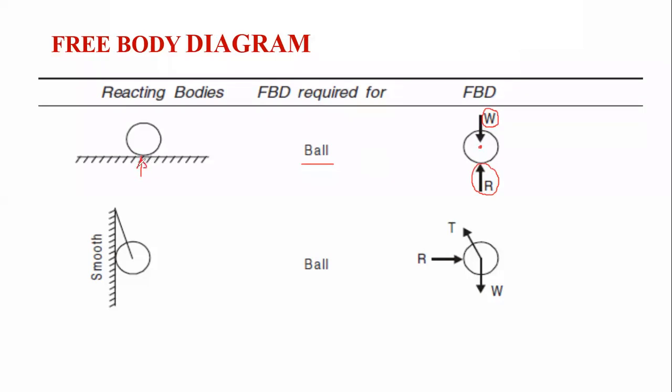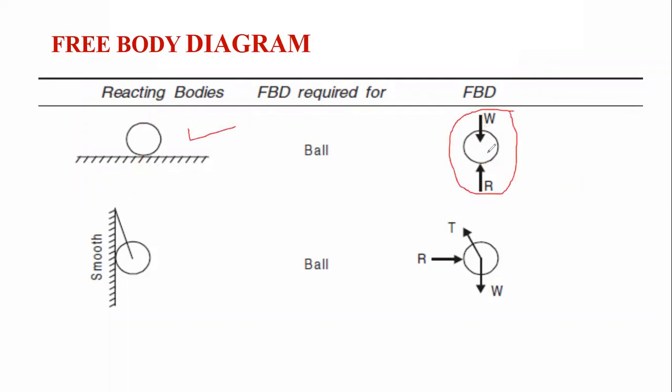Whenever any body is in contact with another body, a reaction will develop at that point. That's why we show the self weight W as well as the reaction R over this body, and this is nothing but the free body diagram of that particular problem.